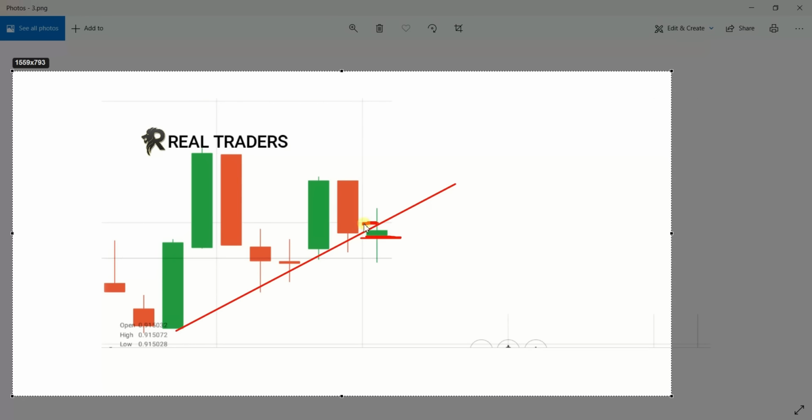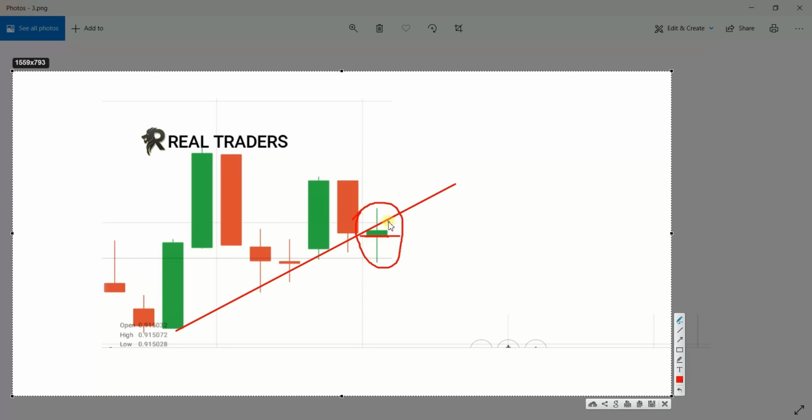If the candle opened here, now we could go with the buyers, but you can see there is a gap here. The candle opened with a gap below the level, so it opened here, and now we cannot trust this level.